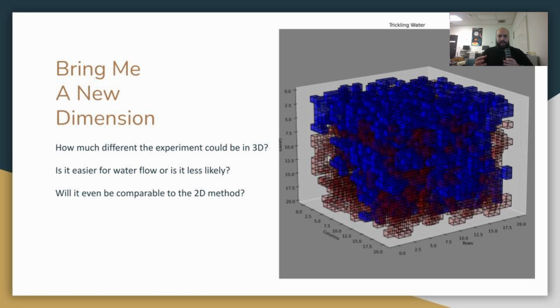I wasn't sure. I just figured that 3D would be so much more different than what we were seeing with 2D graphs. But the challenge of 3D that was super intimidating was actually creating the 3D, because there's so much more involved the second you get that new dimension of depth in there.